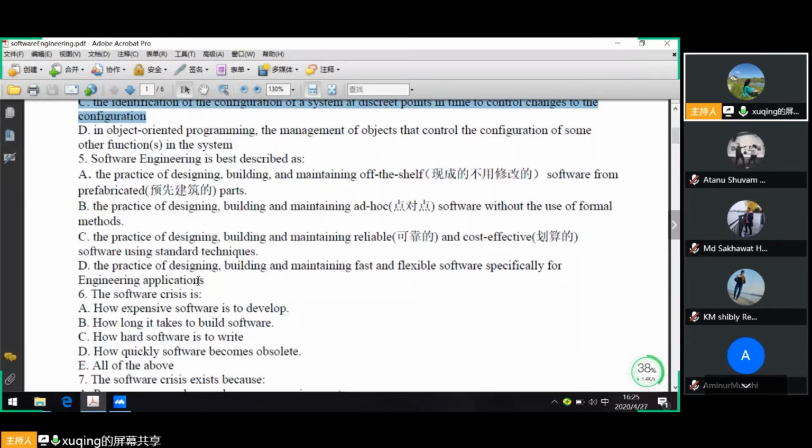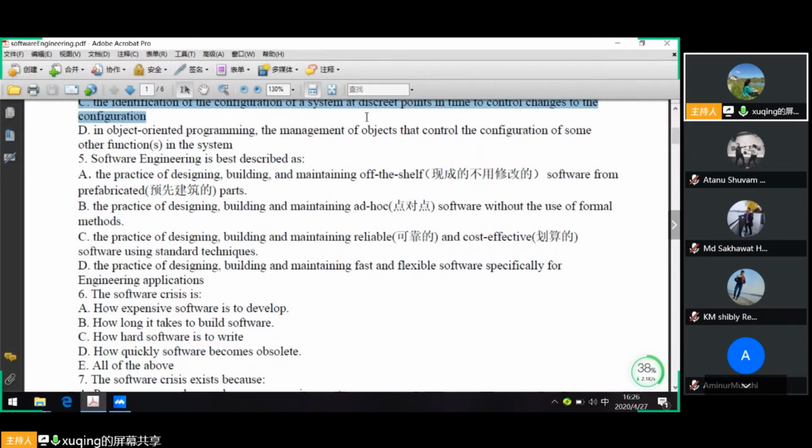C, the practice of designing, building, and maintaining reliable and cost-effective software using standard techniques. D, the practice of designing, building, and maintaining fast and flexible software specifically for engineering applications.